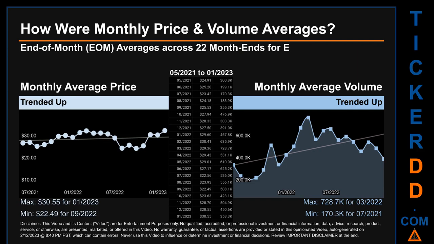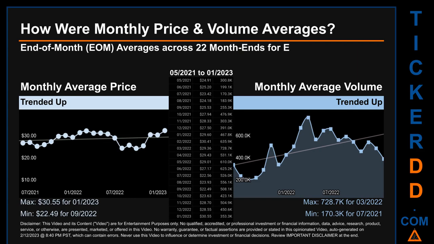How were price and volume averages for E? Across 449 trading days, there were a total of 22 month ends, of which monthly averages for daily price and volume were calculated. Overall, monthly price average trended up while monthly volume average trended up.